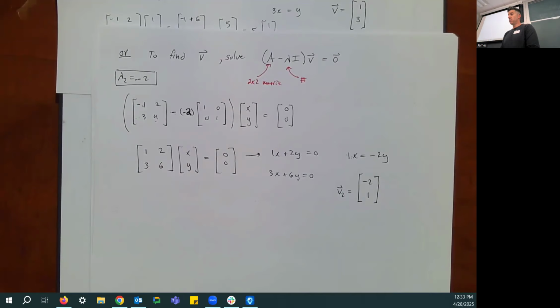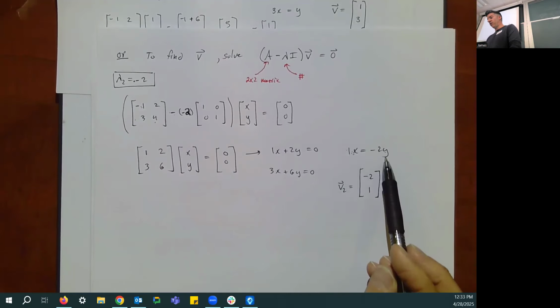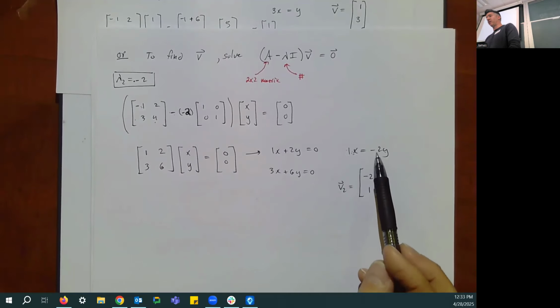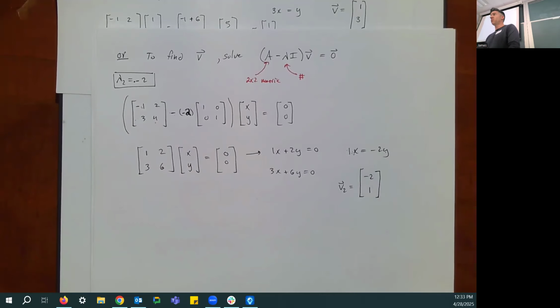Because it works. If x is -2 and y is +1, yeah, 1 times -2 equals -2 times 1. That's usually the easiest way to see it, I think. So if you have something like 3x equals 5y, instead of y equals 1 and x equals 5/3, just pick x equal to 5 and y equal to 3, and then it totally works. That's the nicest way of doing it.